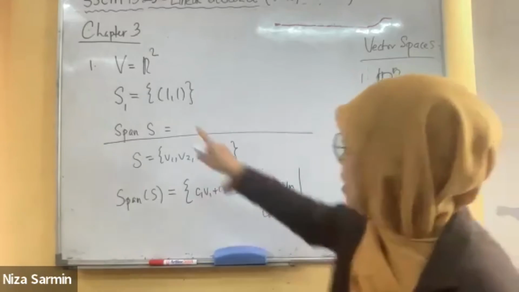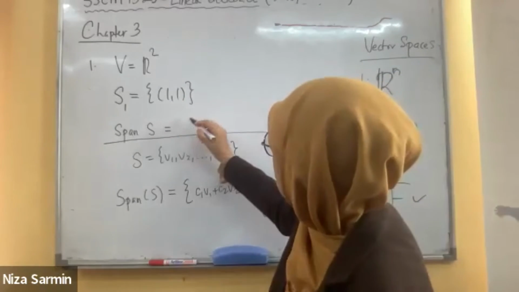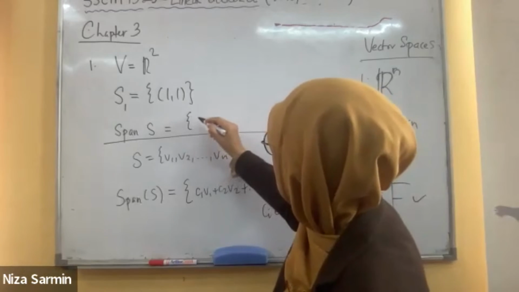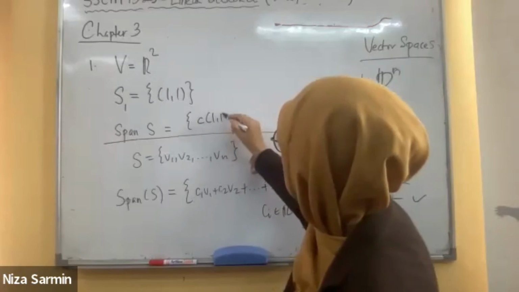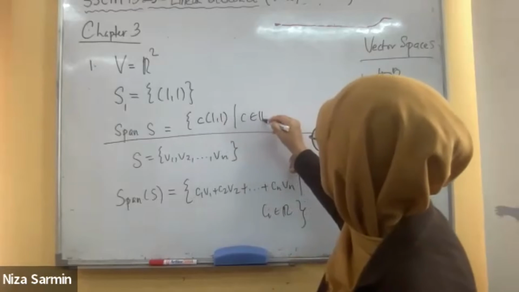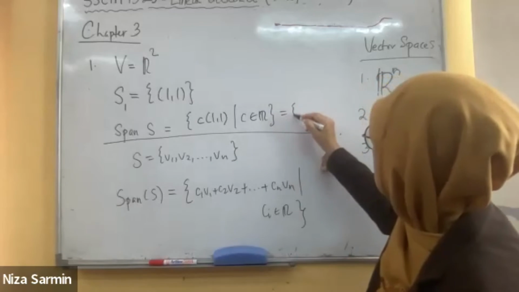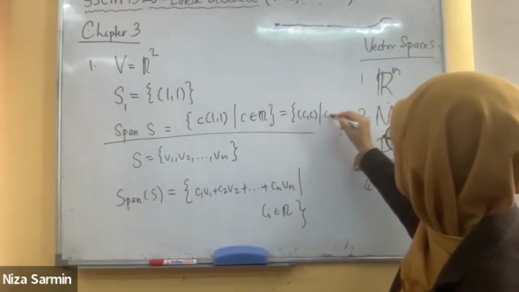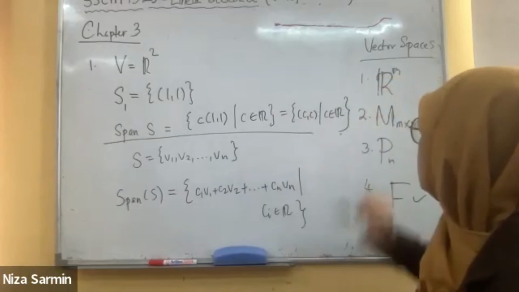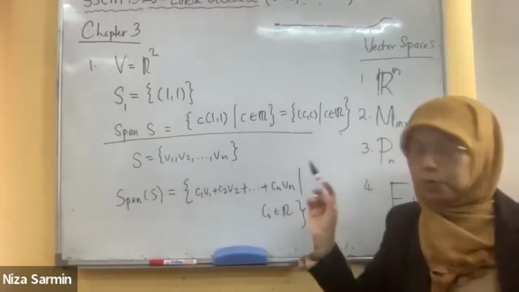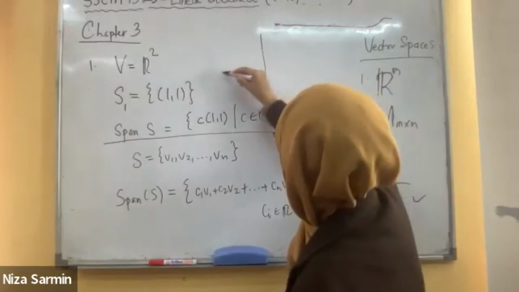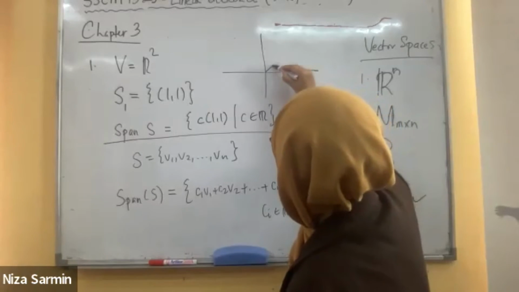Geometrically, if there is only one vector, the span is the set of C(1, 1), C in R, which is actually (C, C), C in R. If you draw it, it's easy to see, (1, 1) is here, right?